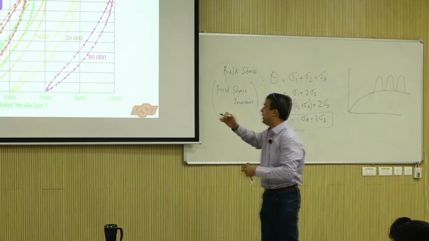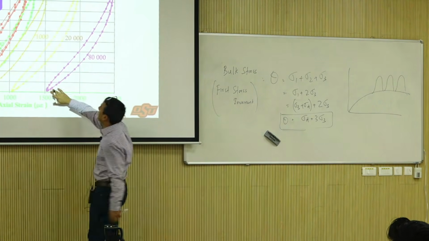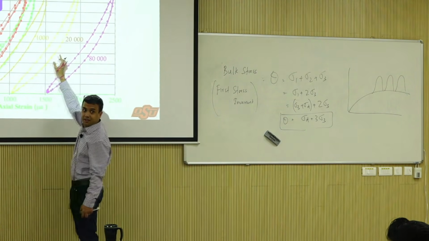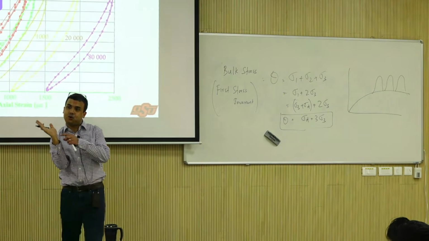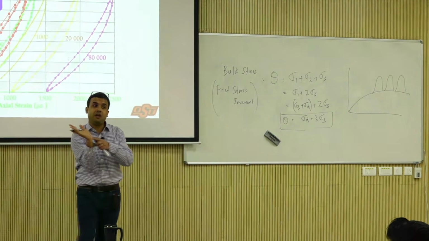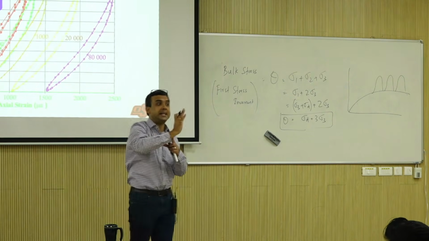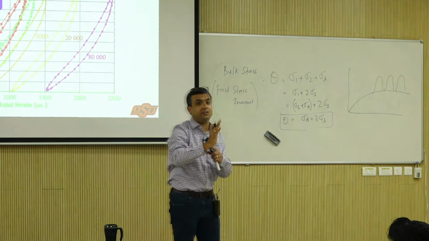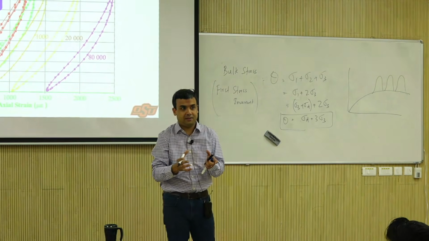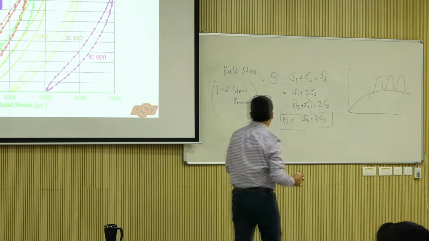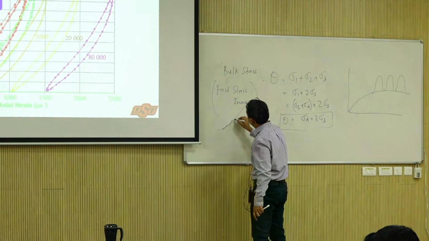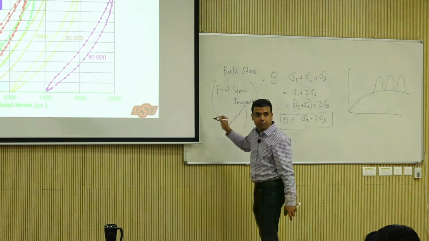Do you see what I'm talking about? If you do a tangential modulus here, tangent, tangent, tangent, the tangent actually keeps rotating up, right? So the modulus value increases. That's called a stress hardening material, because stress hardening is basically where the tangent rotates upwards.